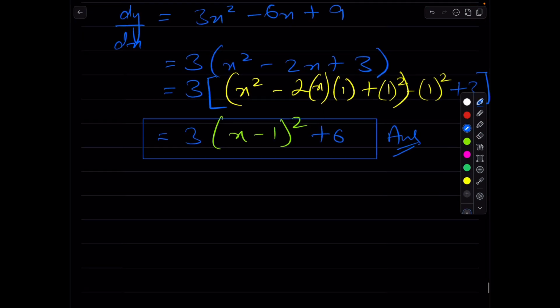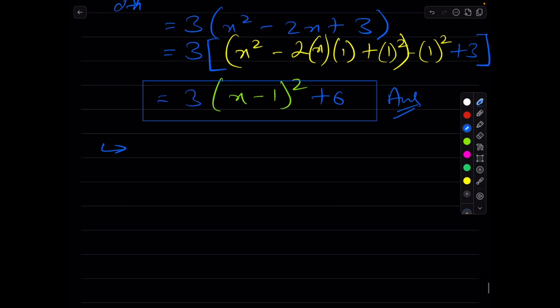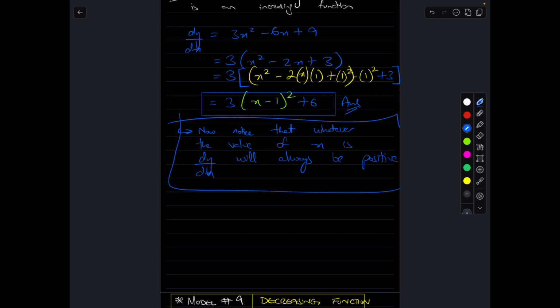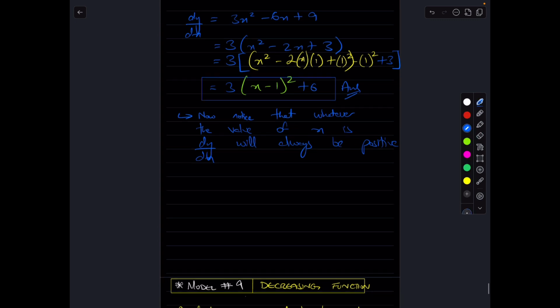Thus notice that whatever the value of x is, dy by dx, that is the gradient, will always be positive owing to the square. You need to write this, and you must write this in order to get full marks.